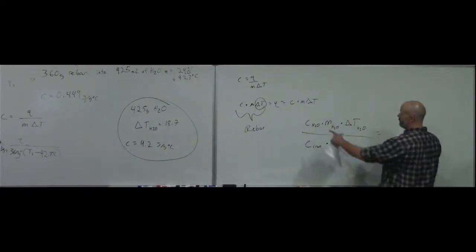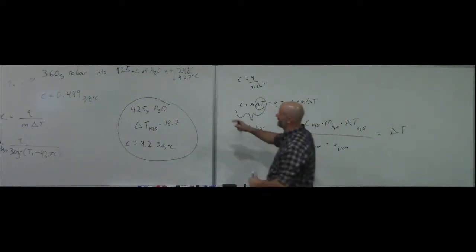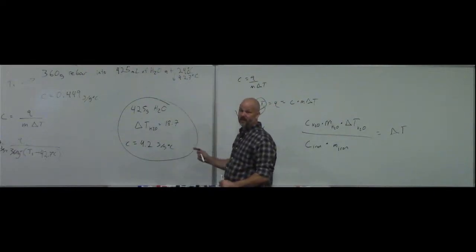This is going to give me the delta T of the iron. And then I can just subtract my initial and I'll have it.